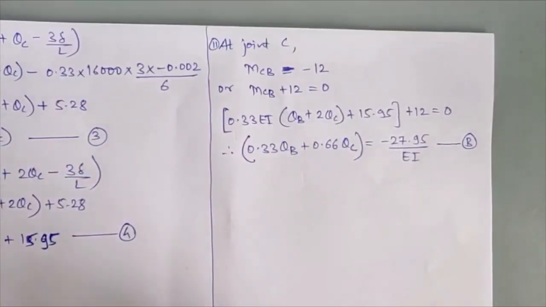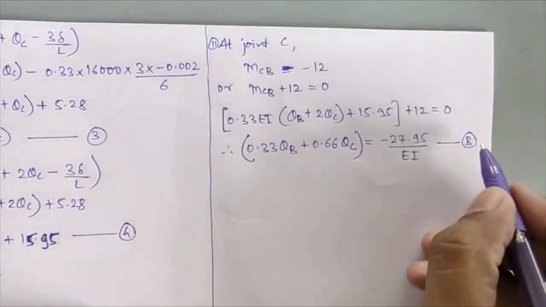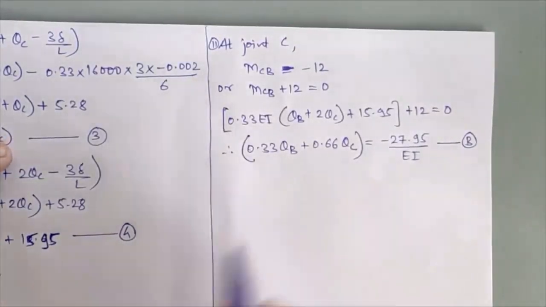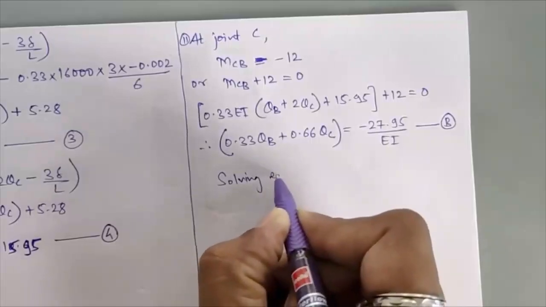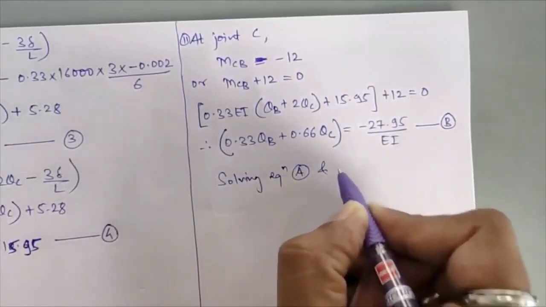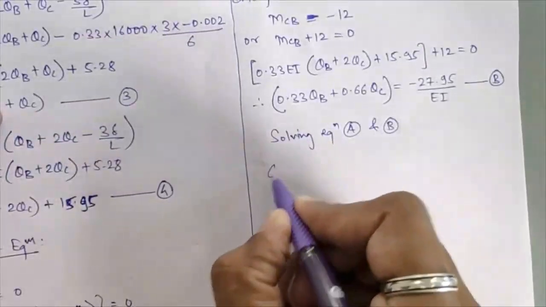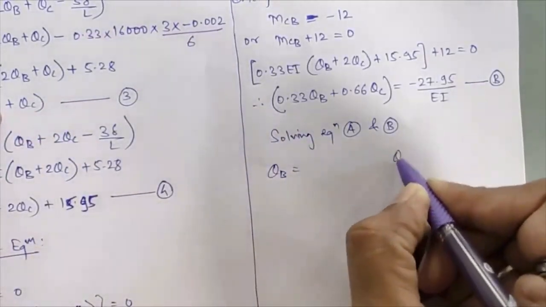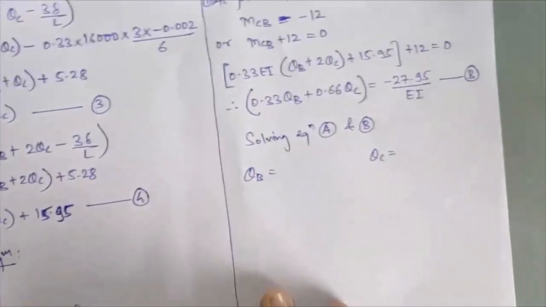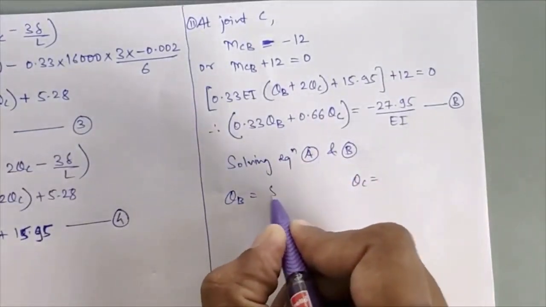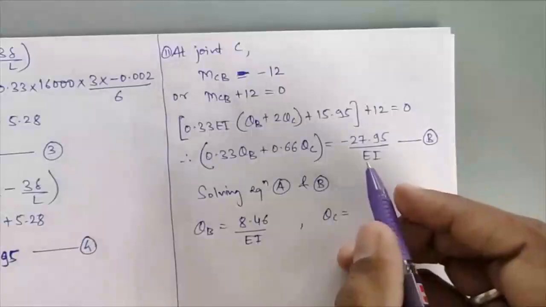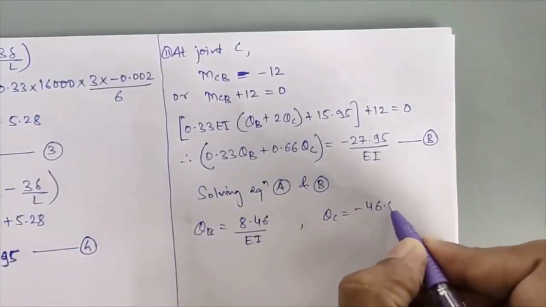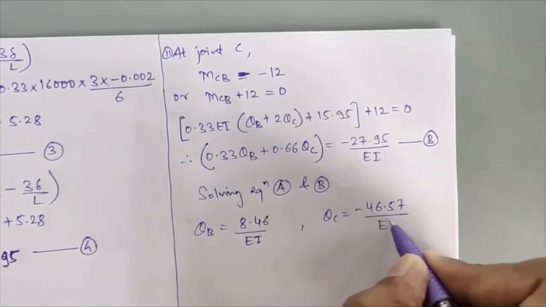Now, for solving the values of theta B and theta C, we need to solve equilibrium equations A and B simultaneously. If you solve these two equations simultaneously, you'll get theta B equal to 8.46 divided by EI and theta C equal to minus 46.57 divided by EI.